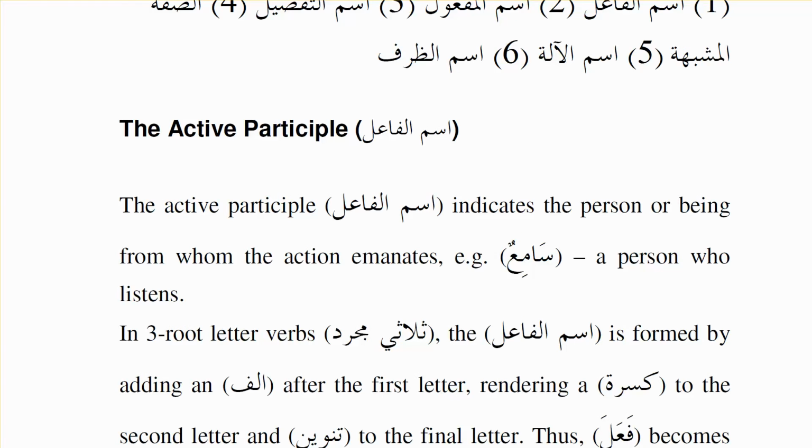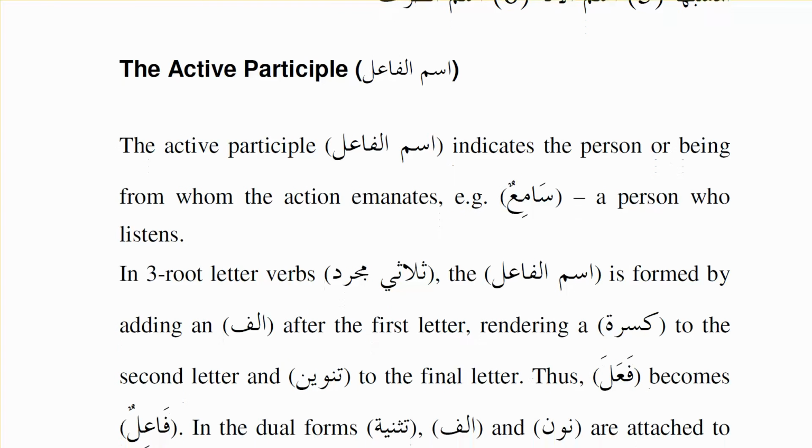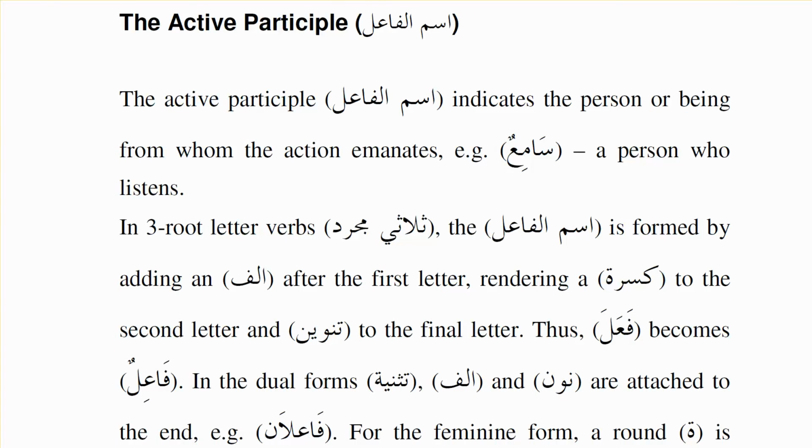Now, in three root letter words, thulathi mujarrad, remember we spoke about this just a few minutes ago. The ismul fa'il is made by adding an alif after the first letter. So the very first step you have to make is to add an alif. You can see here an alif after the first letter. Then rendering a kasra to the second letter.